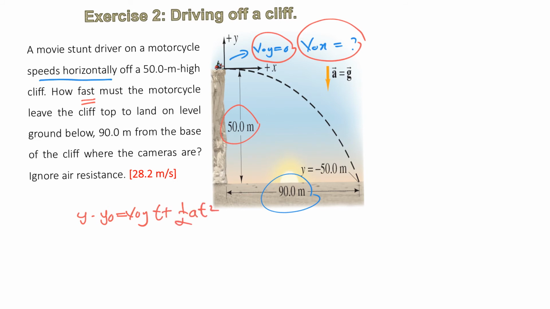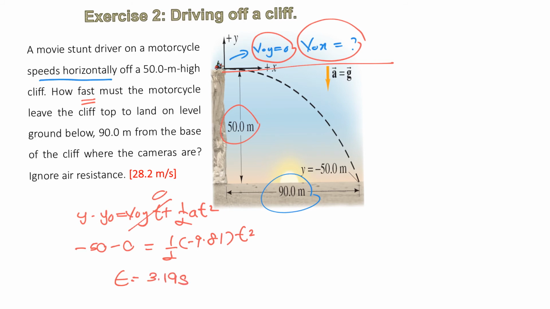V naught y will be 0, so you put it here as 0. They give you the height, 50 meter, and because it's below the reference point, I'm going to put it as negative 50. Negative 50 minus 0 equals 1 over 2 times negative 9.81 t square. So your time is going to be the square root of 2 times 50 divided by 9.81. You are going to get 3.19 seconds.